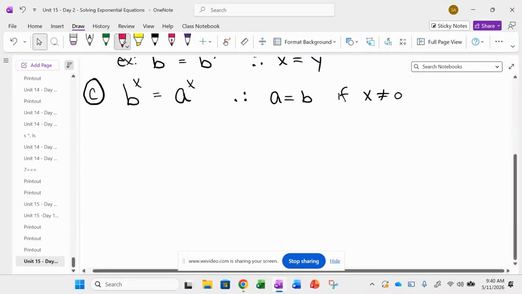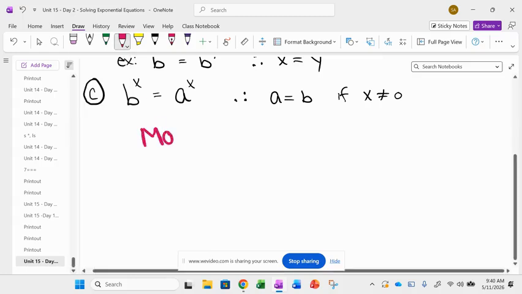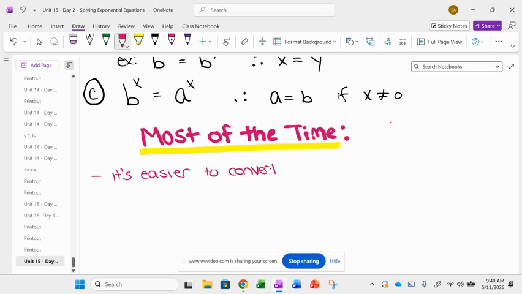Okay, so now I'm going to say most of the time, so it's not always, but most of the time, it's easier to convert a larger base to a smaller base.